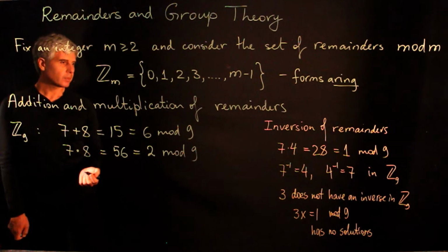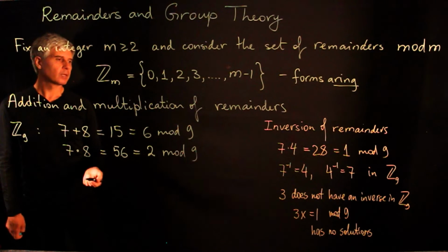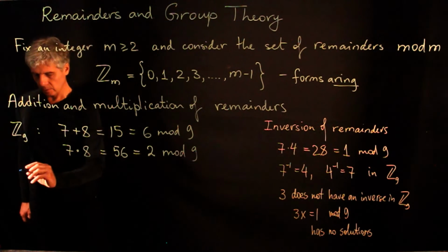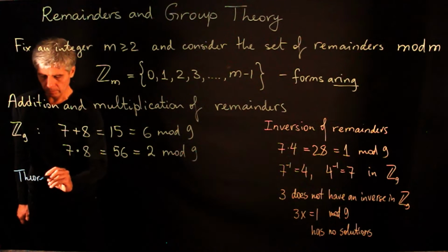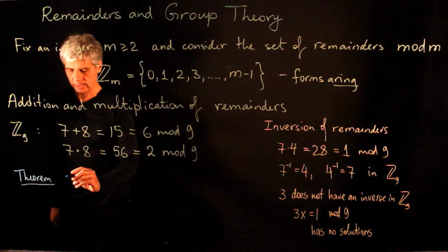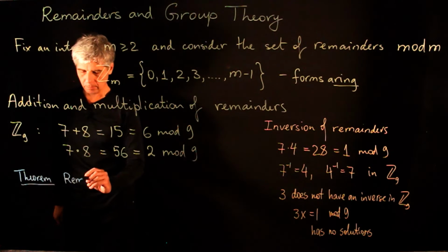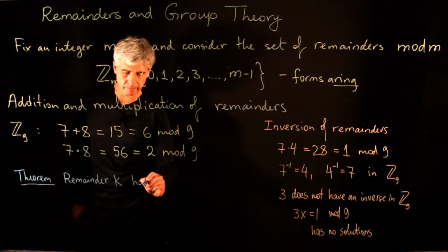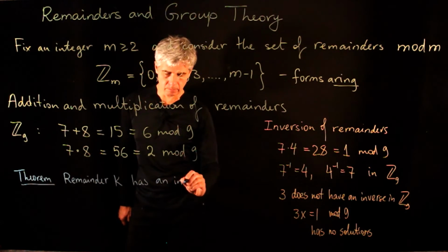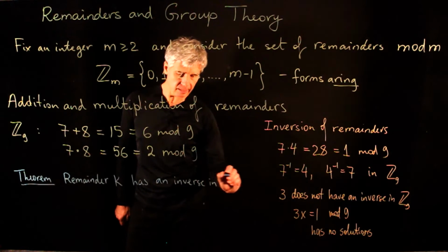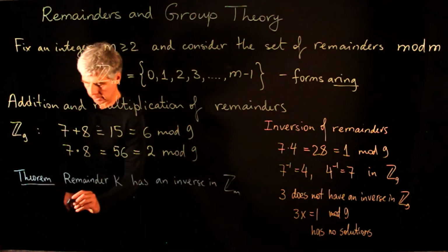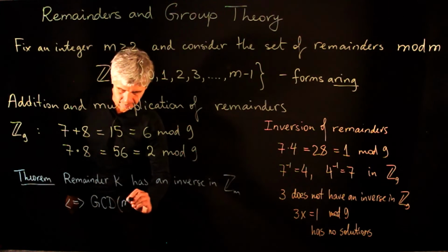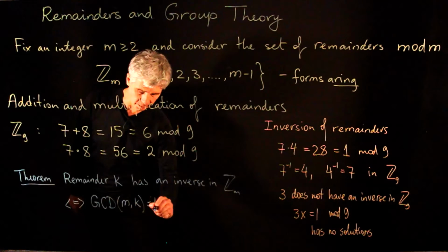We have a very elementary theorem that tells us which remainders are in fact invertible in Zm. The theorem says that remainder k has an inverse in Zm if and only if the greatest common divisor of m and k is equal to 1.